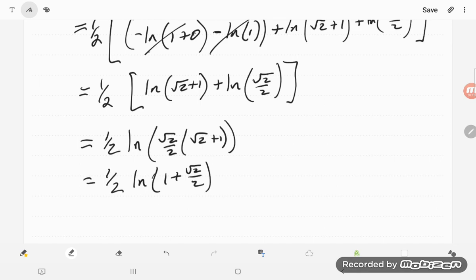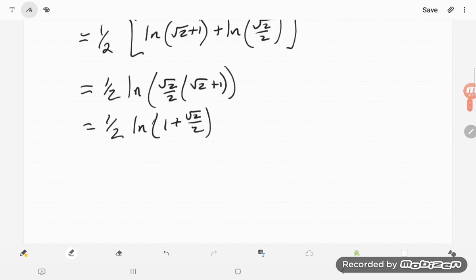And I suppose I could even take that a little further if I wanted, and make this into the log of the square root of 1 plus the square root of 2 over 2, because that 1/2 there can go up as a power. Alrighty, so we got that one. That was number 56, I think.